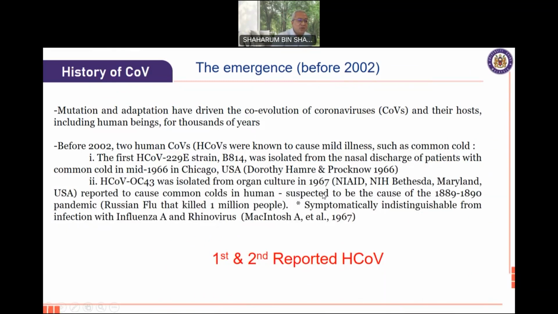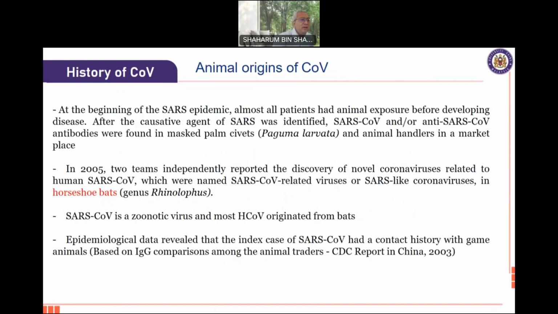And scientists suggested that the same variant was suspected to be the cause of the Russian flu that happened in 1889, in the 1800s, where it had killed almost 1 million people. So these are the first and second reported human coronaviruses.